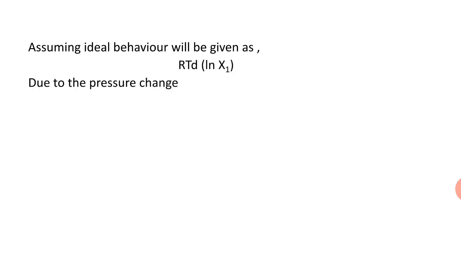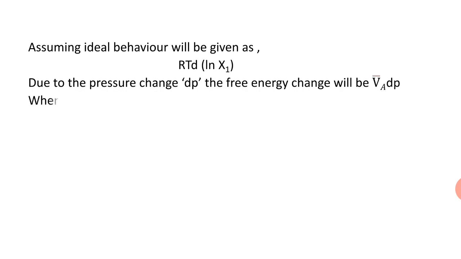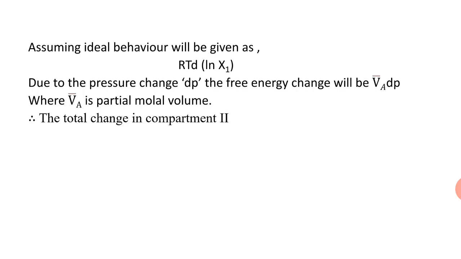Due to the pressure change dP, the free energy change will be V bar A into dP, where V bar A is the partial molar volume. Therefore, the total change in compartment 2 is d G bar A is equal to V bar A into dP plus RT d ln x1.